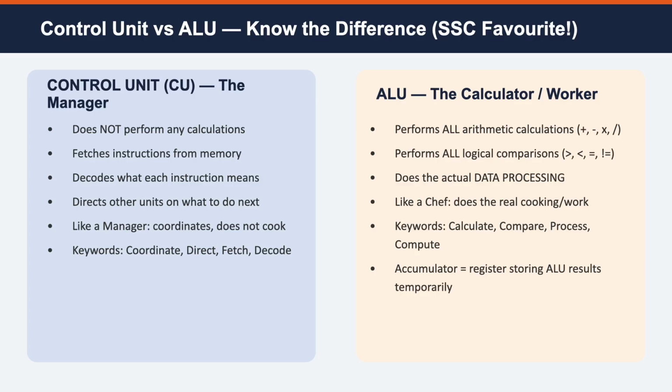Accumulator stores results temporarily. Now look at the slide very carefully. This is SSC's favorite comparison, control unit versus ALU. Let me play a game with you. I will say a keyword and you tell me whether it belongs to the control unit or the ALU.